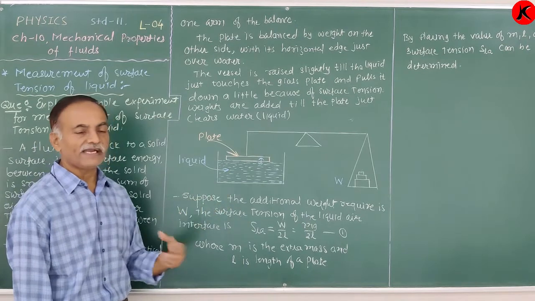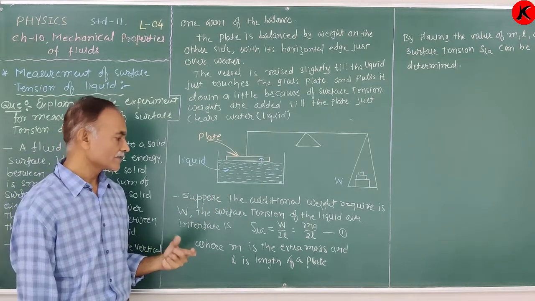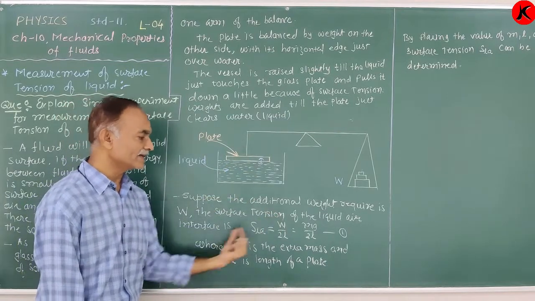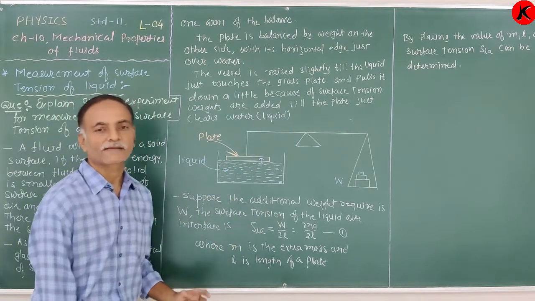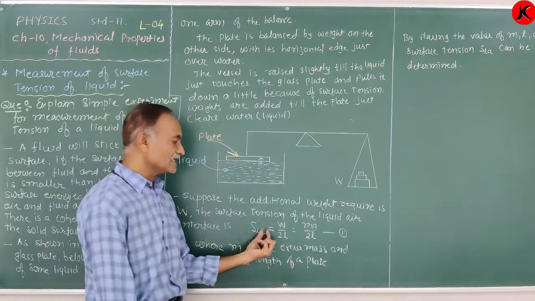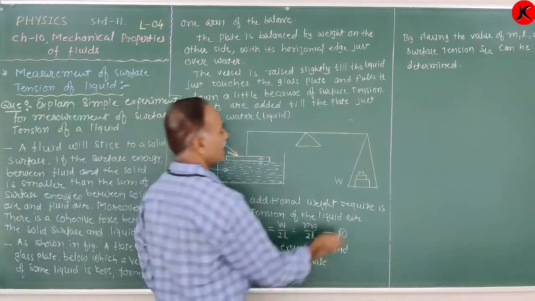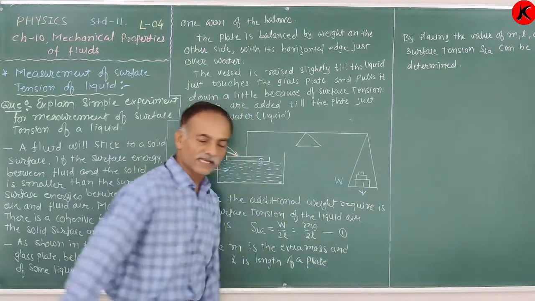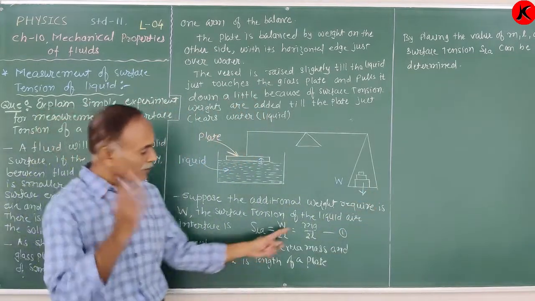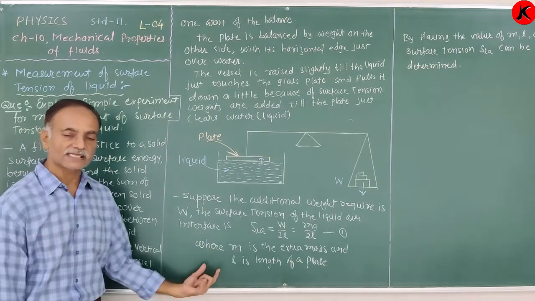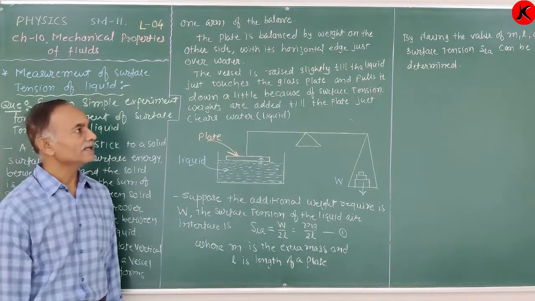Suppose the additional weight required is W and the surface tension of the liquid-air interface is S_LA. So S_LA is defined as W upon 2L. W is the weight, mg, in the downward direction, upon 2L. M is the extra mass and L is the length of the plate.